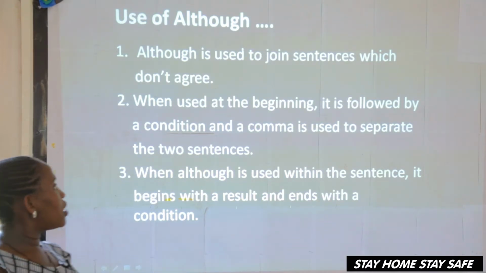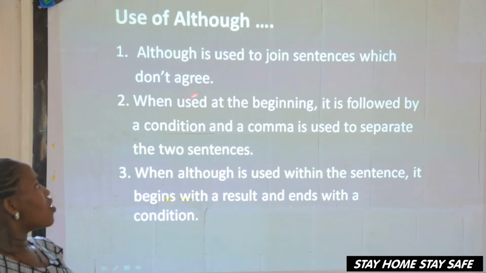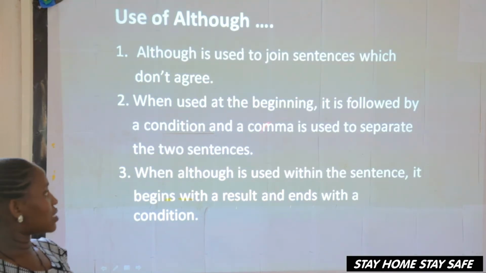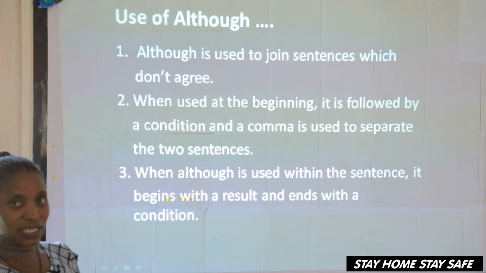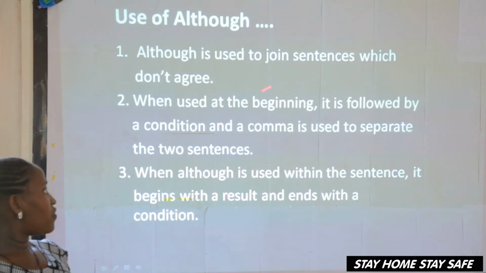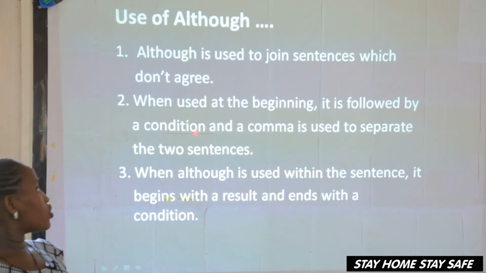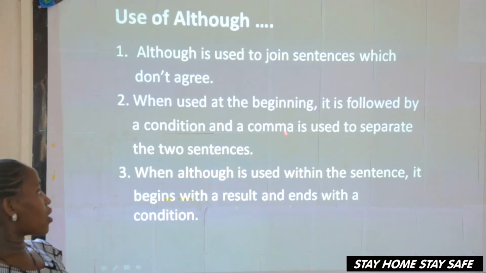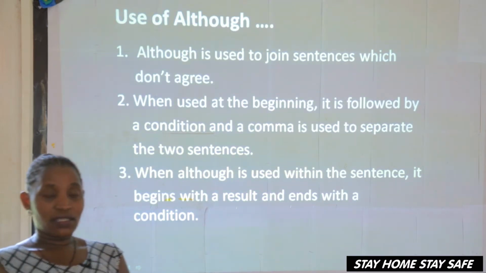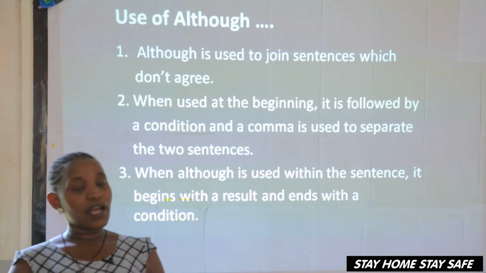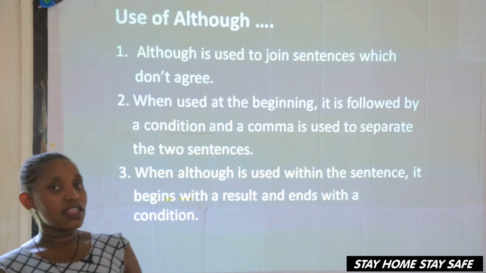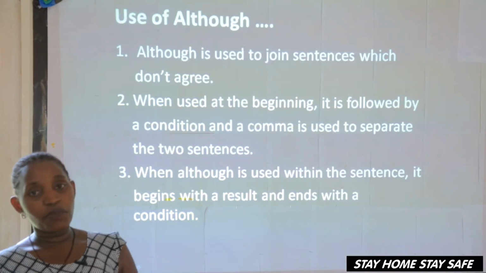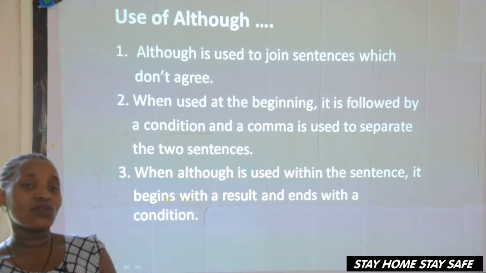Now the second bullet is telling us when we are using although at the beginning of the sentence, first we follow it with a condition, what we see, and then we put a comma to separate the two sentences. What we see, and then the outcome. After writing what we see, then we shall put a comma, and then we put what we expect.